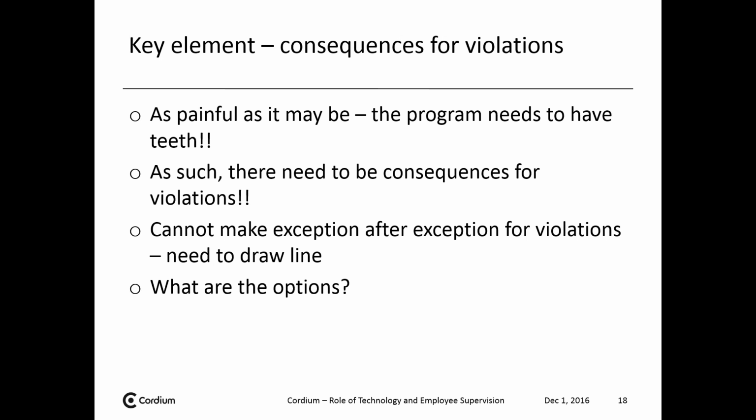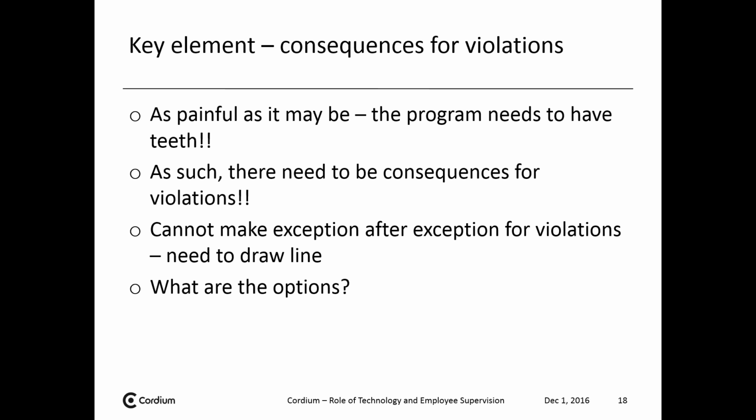That takes us to the last characteristic of the 7 that we discussed that needs to be a key element of an employee supervision program. And this is probably an area that, frankly, technology doesn't play a role in because it's more decision-making. But there needs to be consequences for violations.